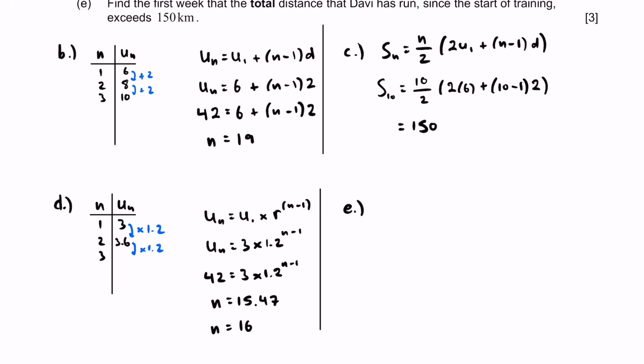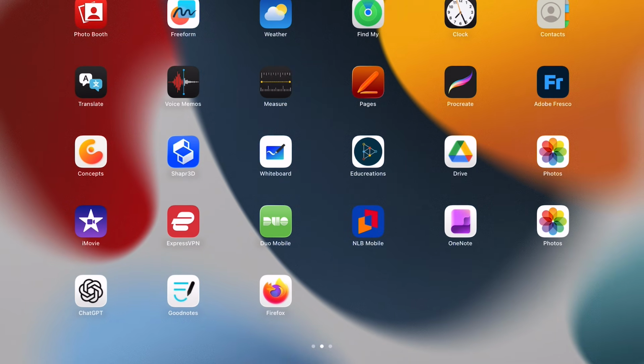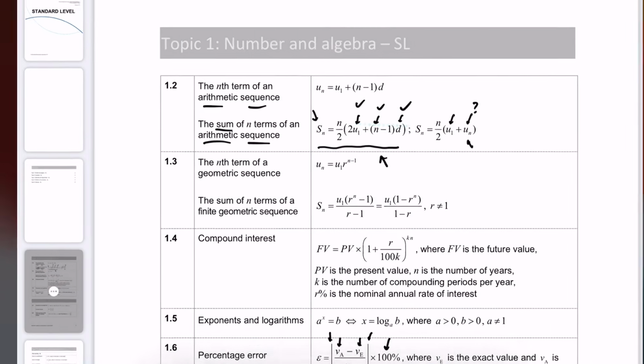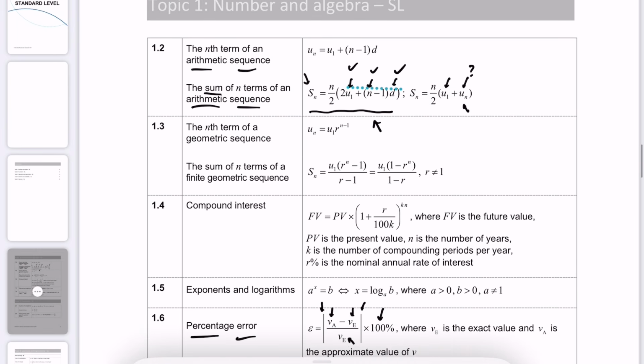Okay. Geometric sequence formula in the formula booklet. Here we are right here. Sum of n terms of a geometric sequence. Again, two formulas. Here it doesn't matter as much as it did with the arithmetic sequence. What the difference is right here is just what's in the denominator. We either have r minus 1 or 1 minus r. They're the exact same formula. This is just the idea that depending on whether r is greater or less than 1, we don't have to deal with negatives in the denominator.